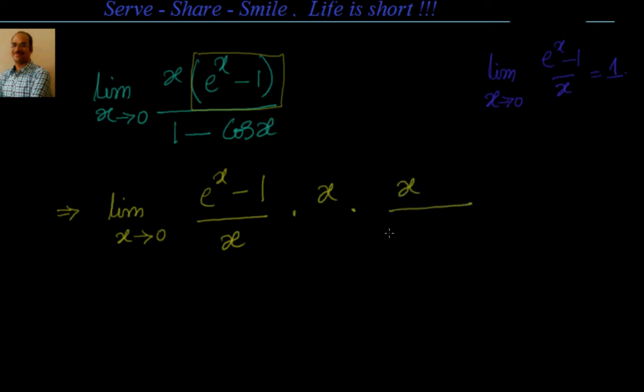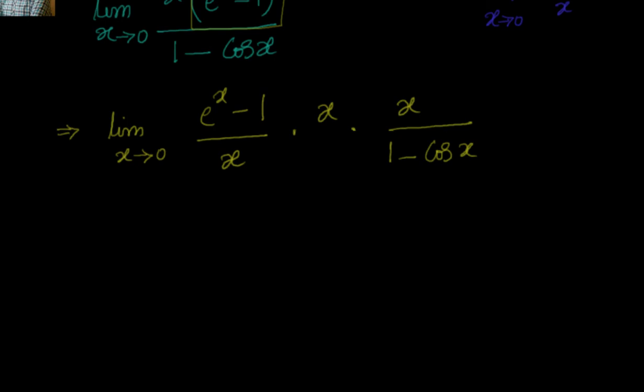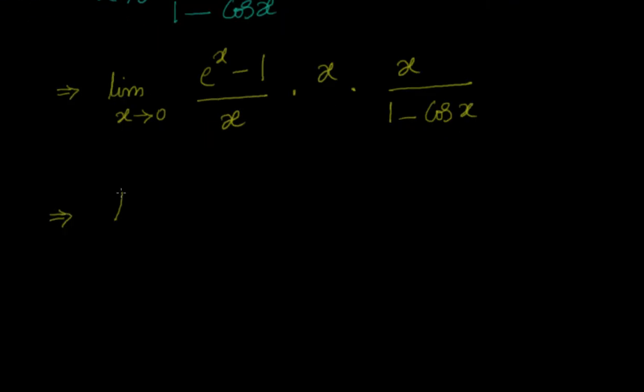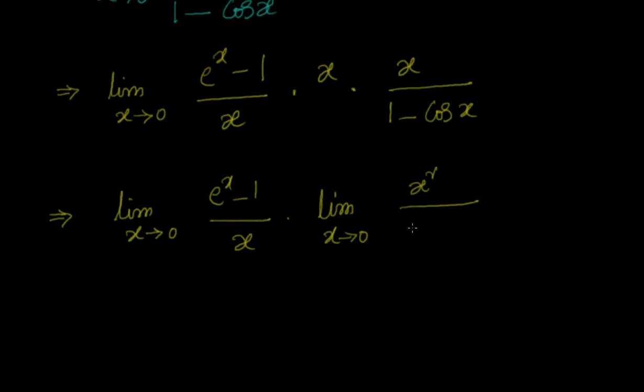I already have x by 1 minus cos x, so I will write them as it is. The next step will be limit of x tends to 0 of e power x minus 1 divided by x, into limit of x tends to 0 of x square by 1 minus cos x.